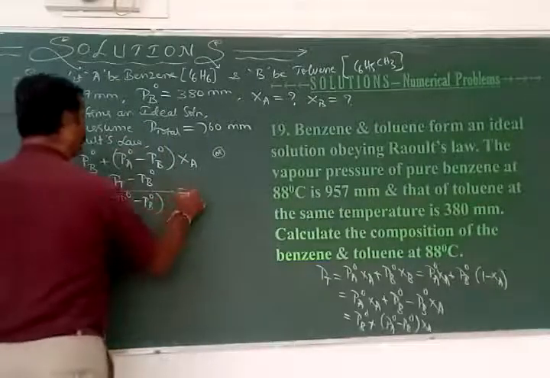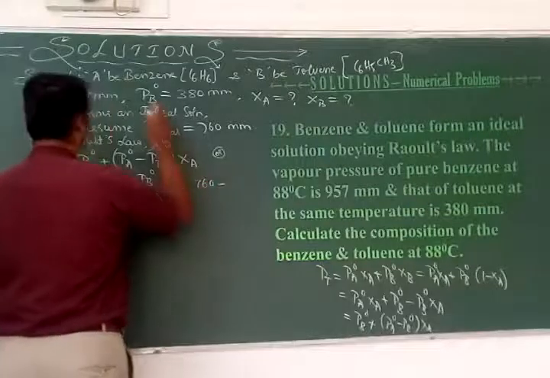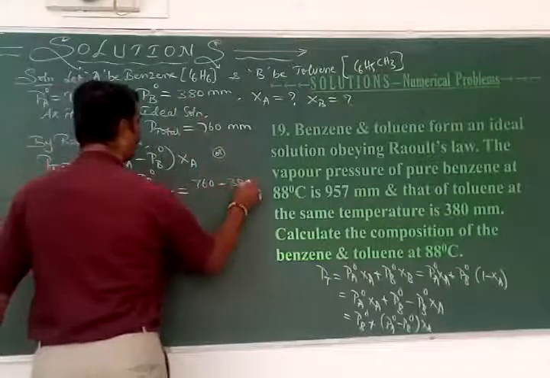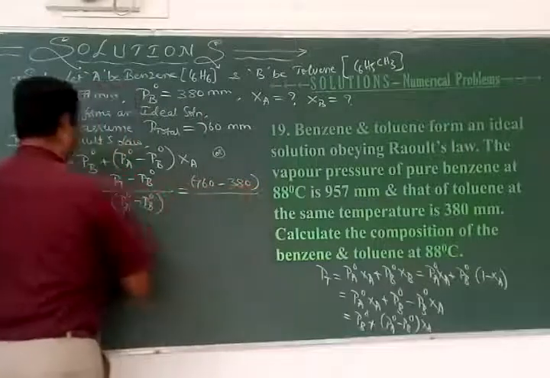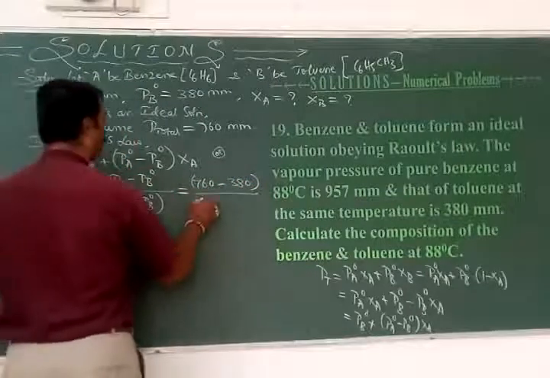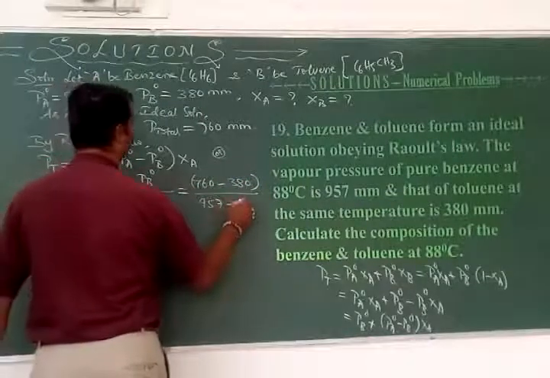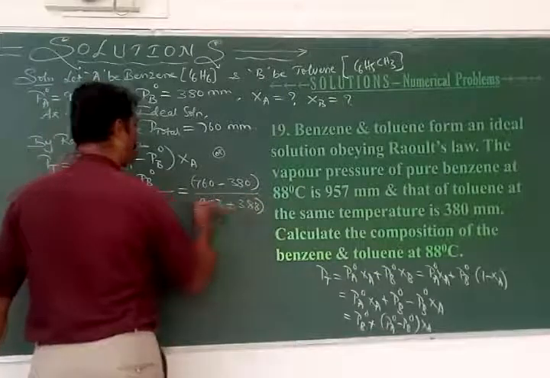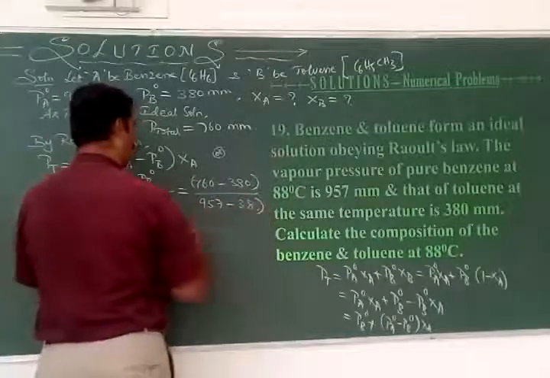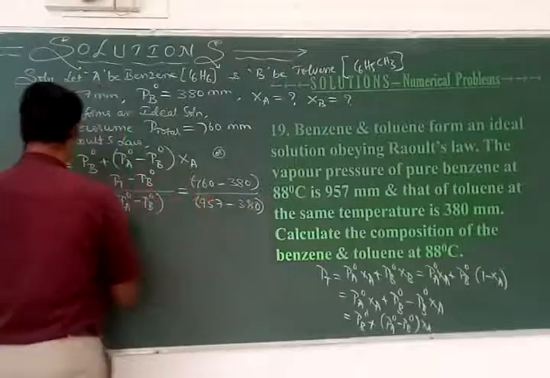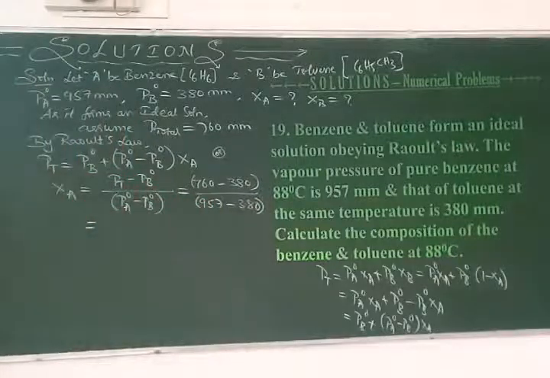PT here is 760, so 760 minus 380 divided by 957 minus 380.